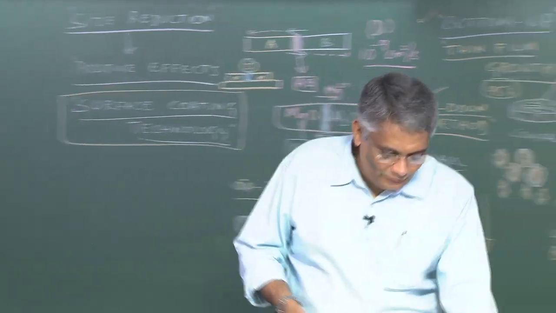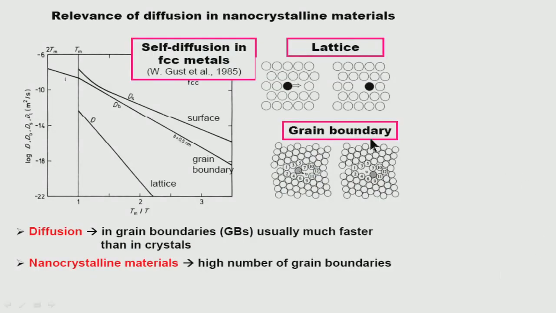Now, if you look at this, this is log of D versus 1 by T. So you get to study the activation behavior of diffusion. D is the diffusion coefficient or diffusivity. Now diffusion happens, I told you, much faster through grain boundaries.